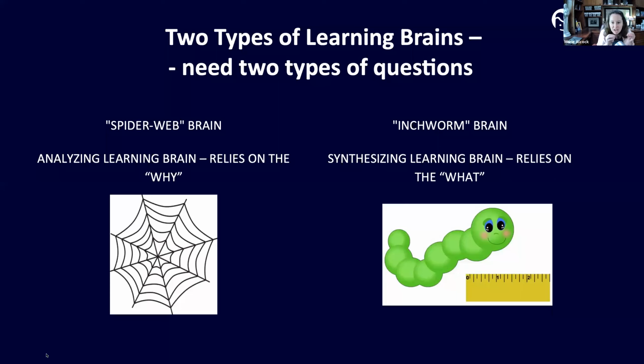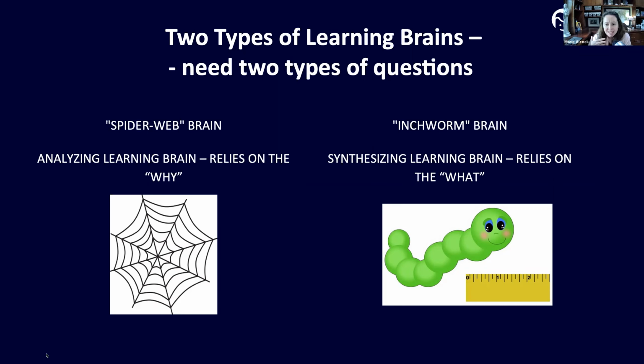In other words, they kind of want a breadcrumb trail that they go piece by piece by piece, and then they get an aha moment when they synthesize it all together and say, oh, now I know why you had me do all those things. Whereas the spiderweb brain needs a comprehensive whole, and it can stick seemingly disconnected pieces of information and retain it long term and apply it. In other words, analyzing it. They take the whole and they can break it down into any piece and remember it.